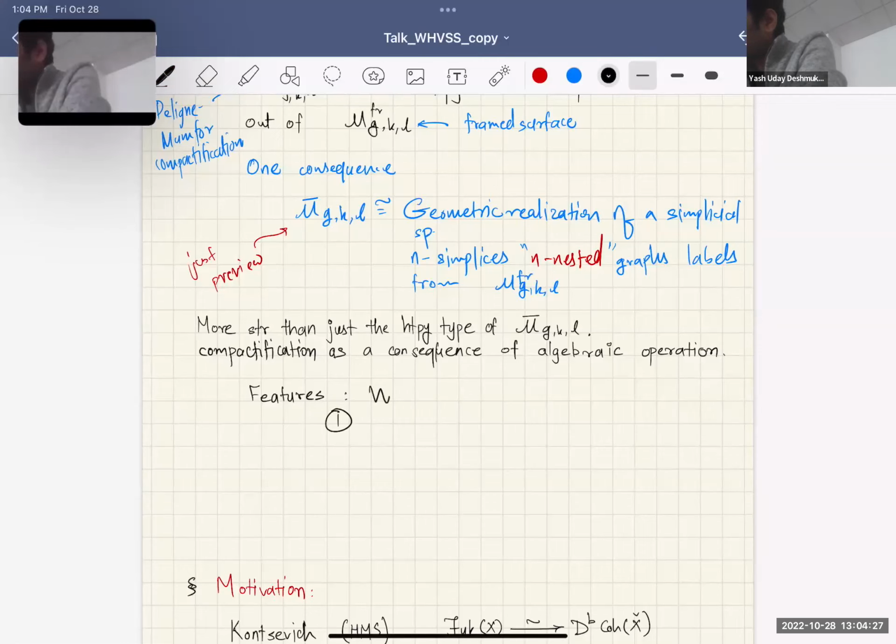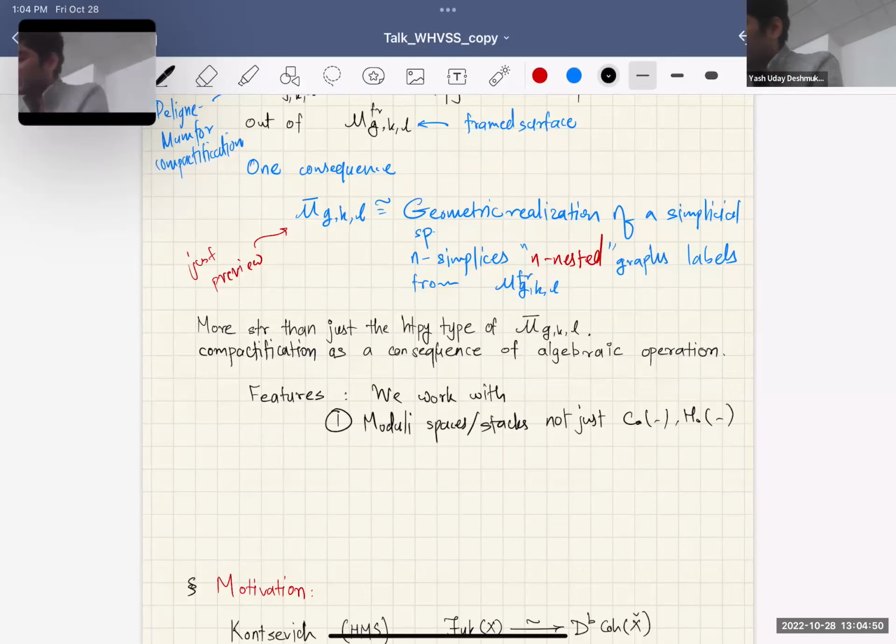The first point is we always work with moduli spaces or stacks, depending on the case, not just chains on moduli spaces or homology of moduli spaces. So we actually work at the level of topological spaces or stacks.